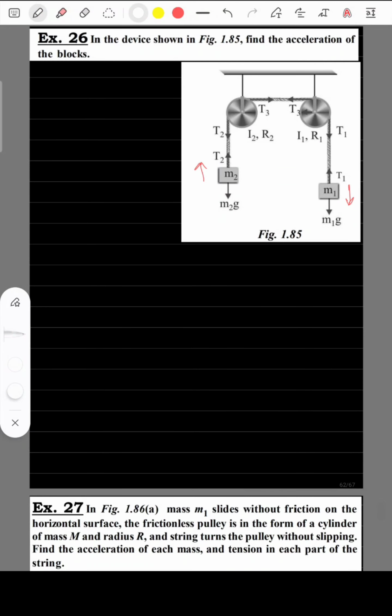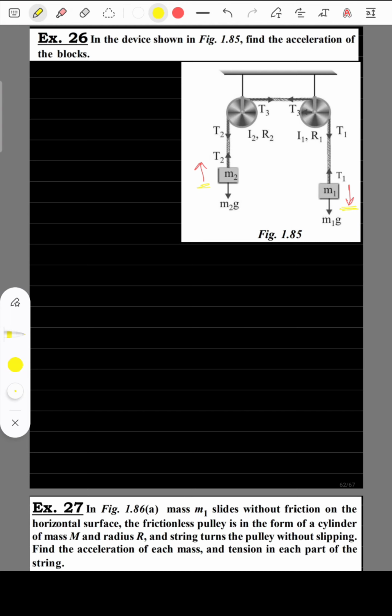Here two pulleys are given, but what we need to take care of is that the acceleration of all the devices involved must be the same. Here also the acceleration of the m1 block and m2 block will be the same.